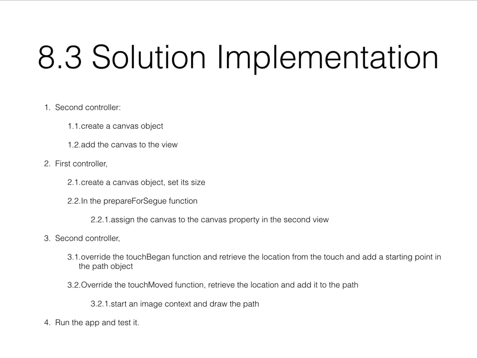Now in the second controller, I will need to capture the event when the touch begins and when the touch moves. When the touch begins, I need to start the path. When the touch moves, I need to follow the path and then stroke the color, or stroke the connection between the points. So I will override a function called touchesBegan, which is a function in the UIViewController or the UIView, and retrieve the location from the touch and add it as a starting point in the path object.